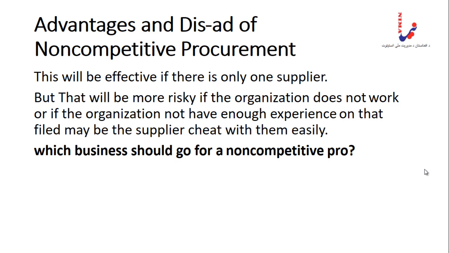If I am a procurement manager and we recently started our business and we don't have any experience about raw materials, and I choose one supplier, the supplier may cheat me because I don't have any knowledge about this field, so that will be so risky for me. Again, the question arises, which business should go for a non-competitive procurement method?